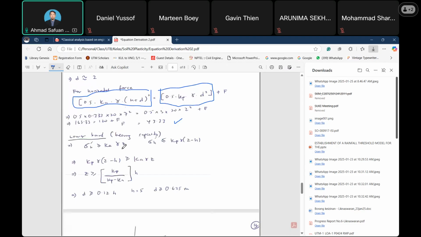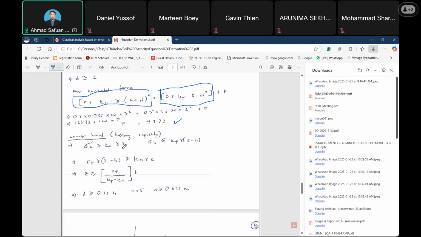Therefore, it can provide a more stable condition. So then we try to put Z on the left and the rest on the right.